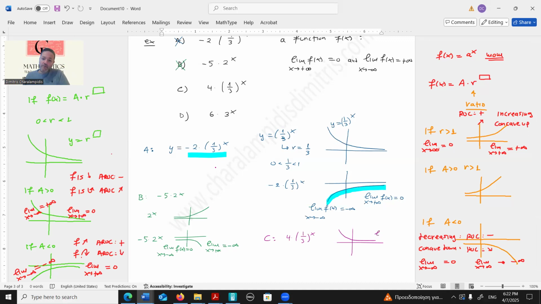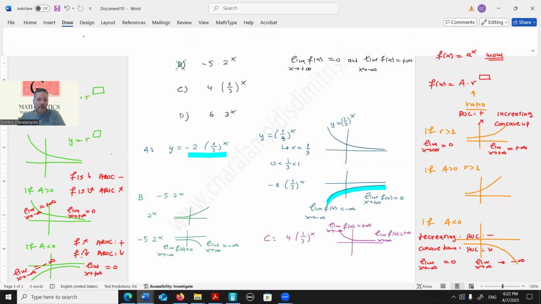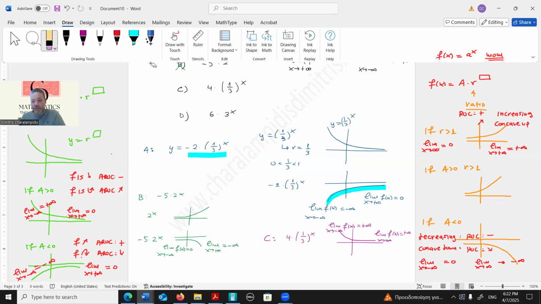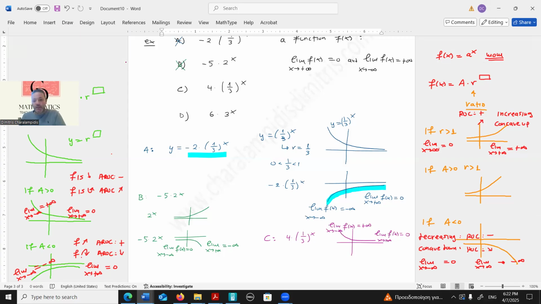So the end behavior as x tends to minus infinity should be plus infinity. Sorry, I was wrong about that earlier. As x tends to plus infinity, it gets to 0. And you see that these two do match my given info, so it has to be that.